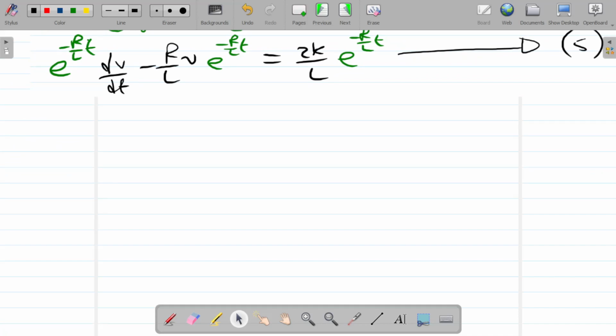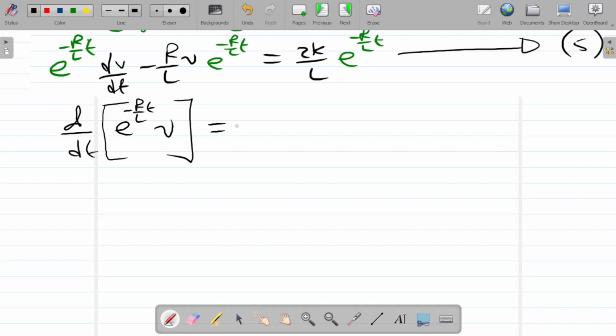Okay. So now the left-hand side can simply be written as d by dt of, in brackets, e to the minus r over L t times v, and that's equal to 2k over L e to the minus r over L t.